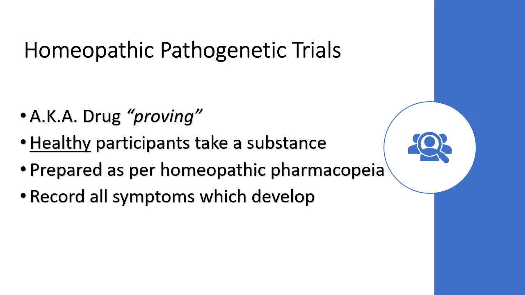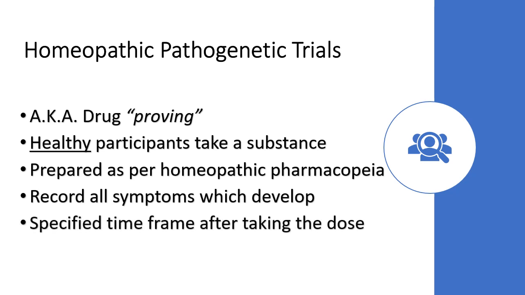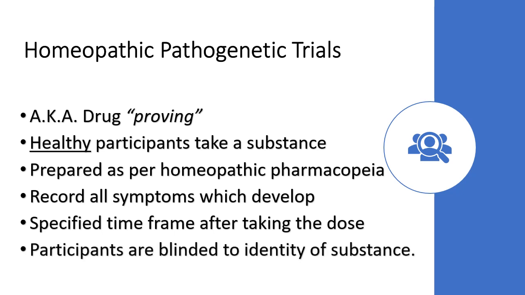So all this information is collated. It's a long process, and it's over a specified time frame after taking the dose, and the participants are blinded to the identity of the substance.